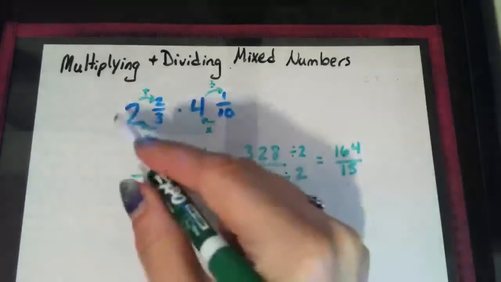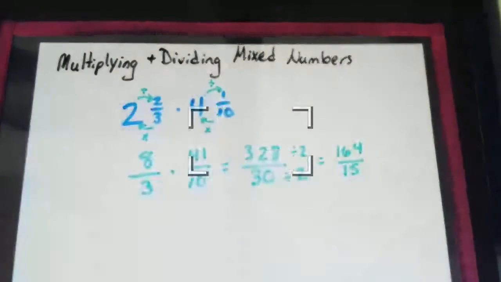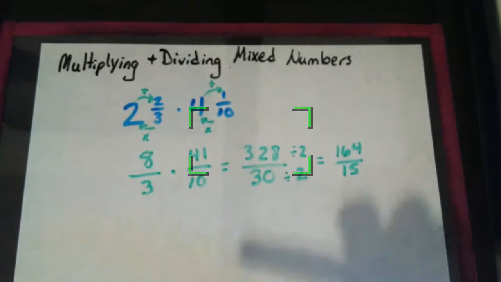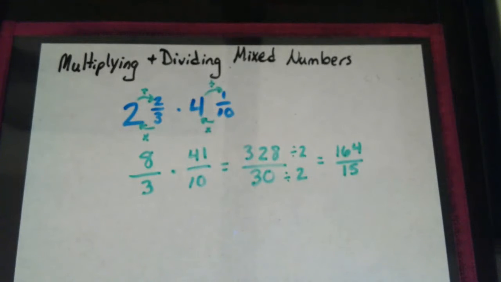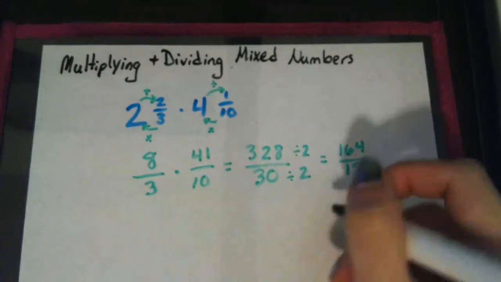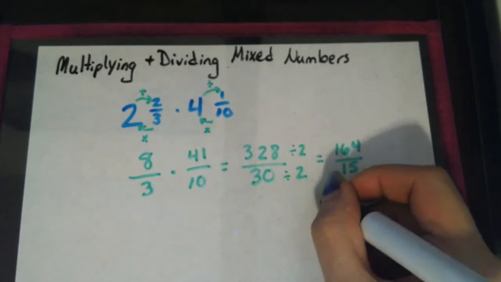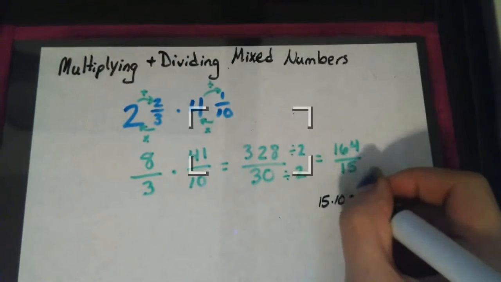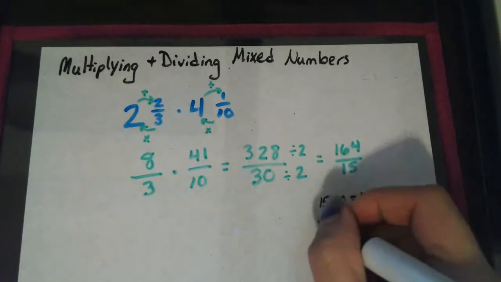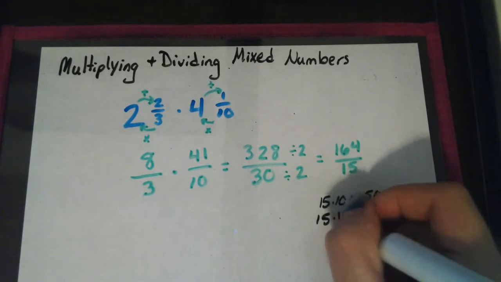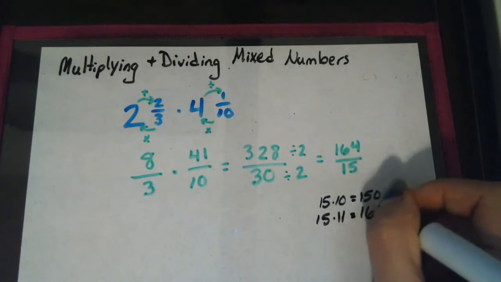But since my original problem was in mixed numbers, I'm going to see if I can rewrite this as a mixed number. So we're going to do like we did when we were converting, and we're going to see how many times the denominator goes all the way into the numerator. Well, I know that 15 times 10 is 150. 15 times 11 would be 165.